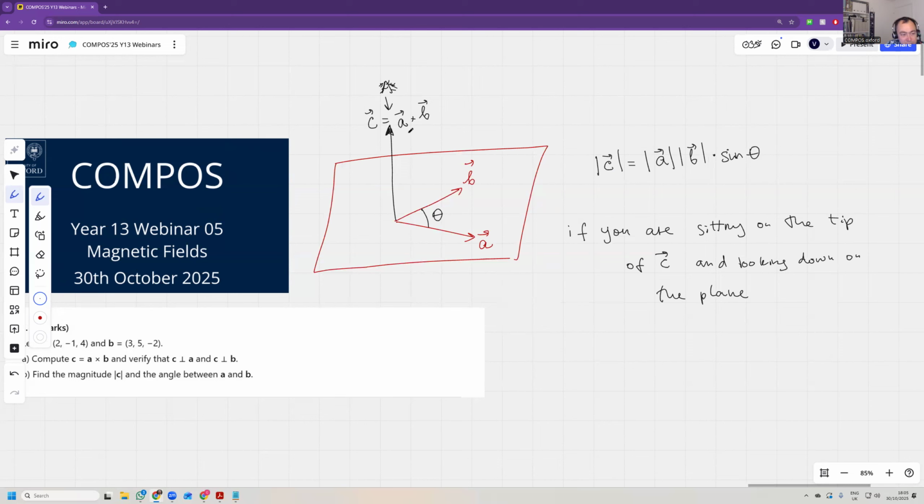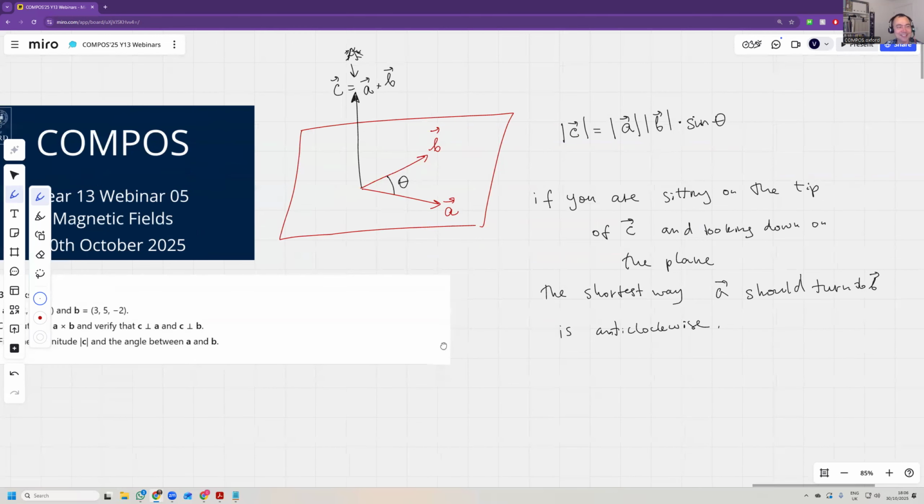A must turn counterclockwise the shortest way A should turn to B is anticlockwise. I don't know if that makes sense. Hopefully it does.